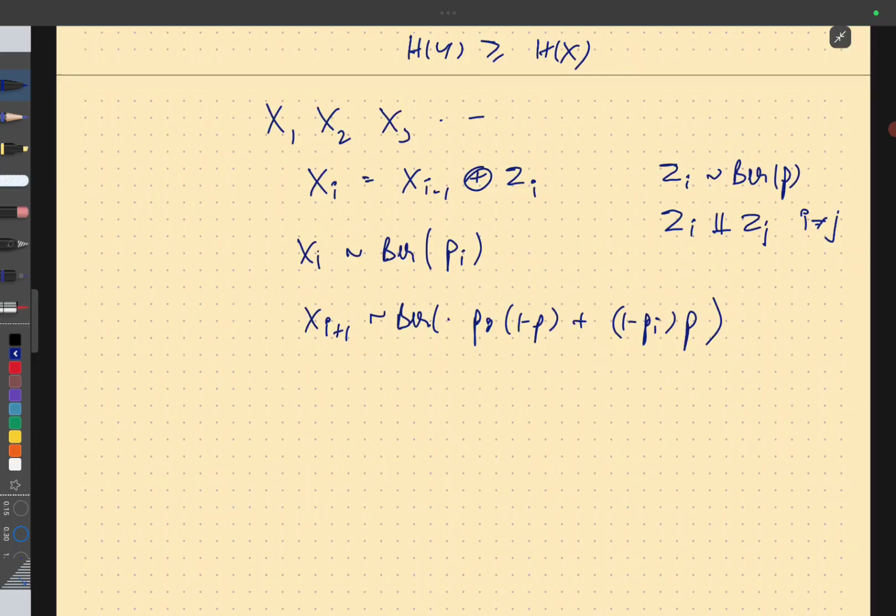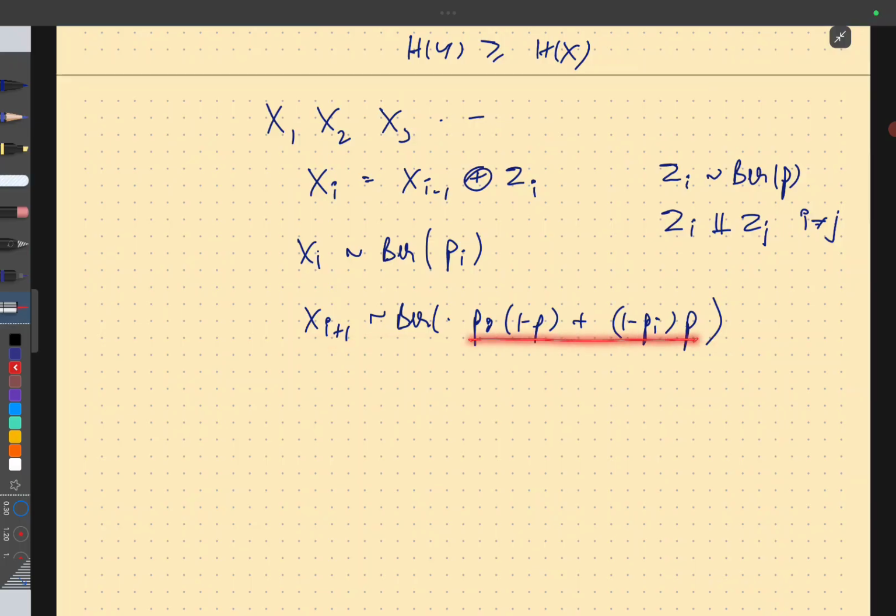This basically comes from the fact that the probability that xi plus 1 is equal to 1 is equal to the probability that xi is equal to 1 and zi is equal to 0, plus the probability that xi is equal to 0 times the probability that zi is equal to 1. So that's the distribution of xi plus 1.